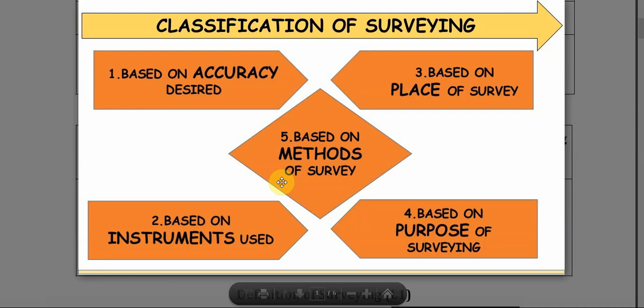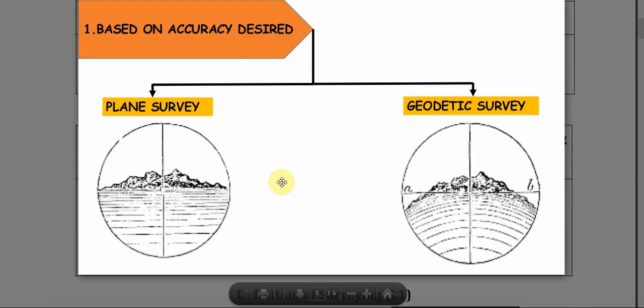So let us go to the first one, that is based on accuracy desired. This is nothing but the primary divisions of surveying, that is plane surveying and geodetic surveying. If you want your survey to be completely accurate, you can assume whatever survey you are conducting as geodetic surveying, or else if a lesser amount of accuracy is desired, you can assume the survey being conducted as plane surveying.